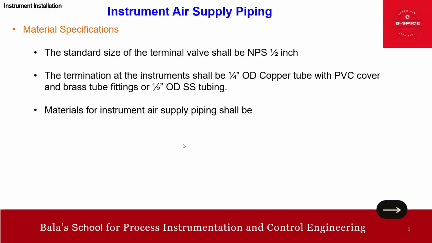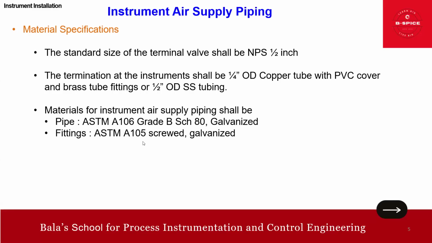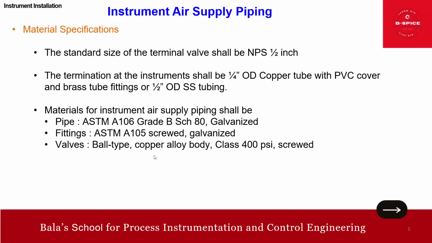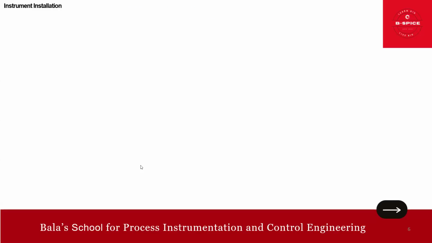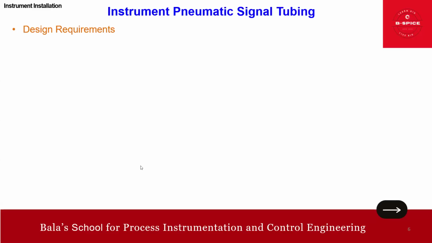The material for instrument air supply piping: pipe will generally be ASTM A106 grade B, schedule 80 galvanized, and fitting ASTM A105 screwed galvanized, and valves ball type copper alloy body, class 400 psi, screw type. And of course sometimes welded on the high pressure rating. Teflon tape or liquid thread sealant shall be used for sealing pipe threads. That one also we need to have. So that's about the material specification.